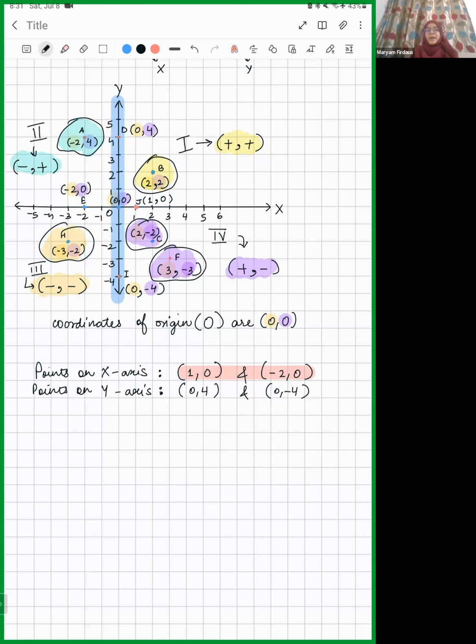My question is, look at these 2 points, the ones that I've circled right now. They are both on the x-axis, right? My question is, look at their coordinates. Can you find something common between them?